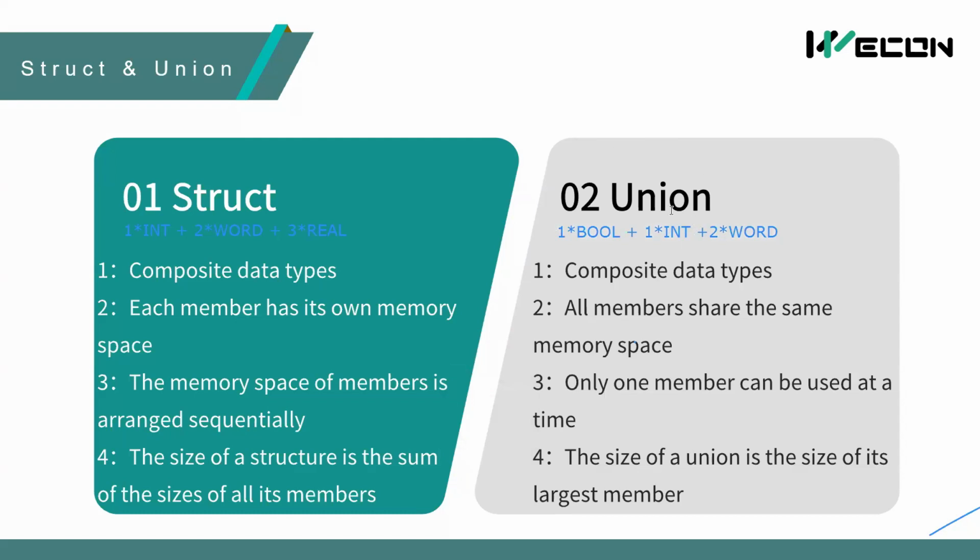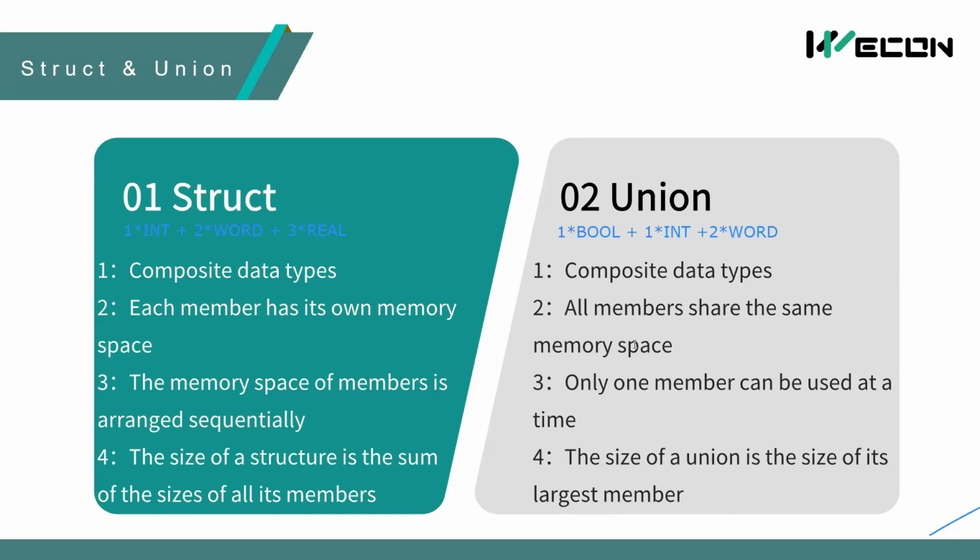The length of this union is the length of one word, because the word is the longest variable. As it says, the size of a union is the size of its largest member, and here the largest member is the word. And all these members share the same memory space.